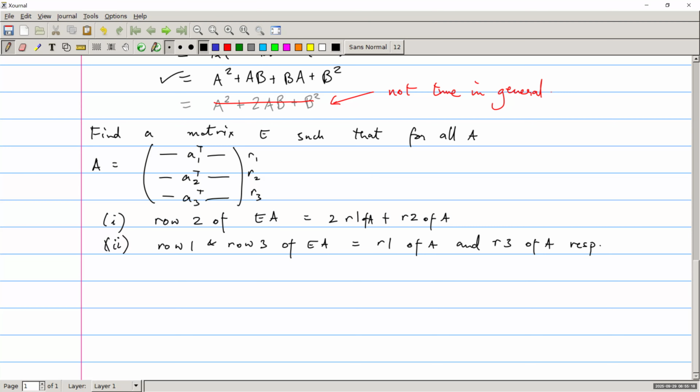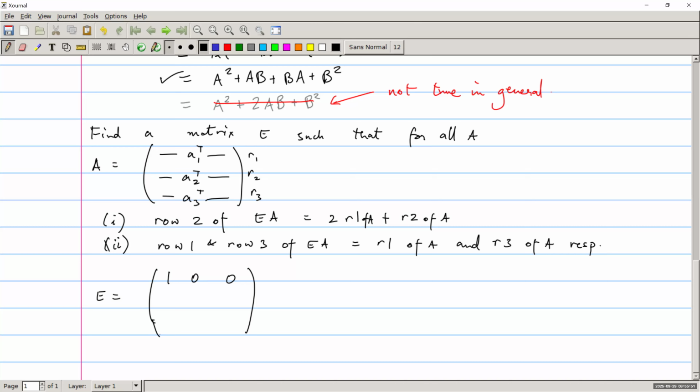So what should be EA? What should be E? Right, so you have done this in elimination. You're going to do row operations. So E multiplies on the left of A. That's kind of already given to you. And the operation you want to do is first, the first row you want to leave unchanged. What should be in the first row of E? 1 0 0, and you also want to leave the third row of A unchanged.